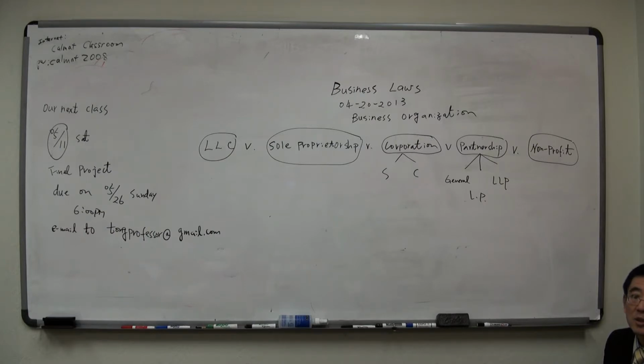You don't need to do too much legal research. You just pick one of these choices, tell me the reason why you pick this organization, analyze the good and bad, pro and con, and finally talk about taxation. I'll talk about taxation a little bit. Each type has a different taxation consequence. So I think it is very easy to make your 15-minute oral presentation. This is another hint for you.